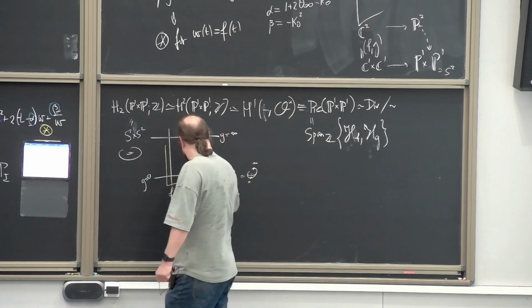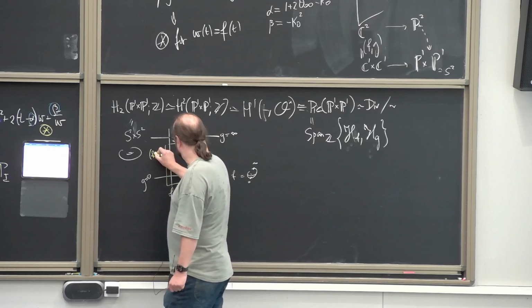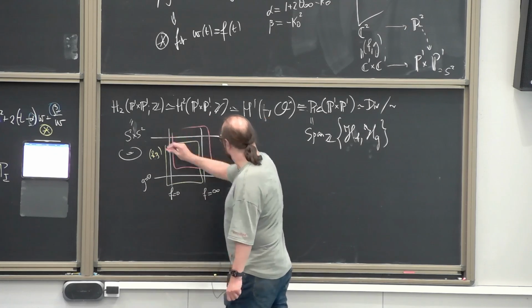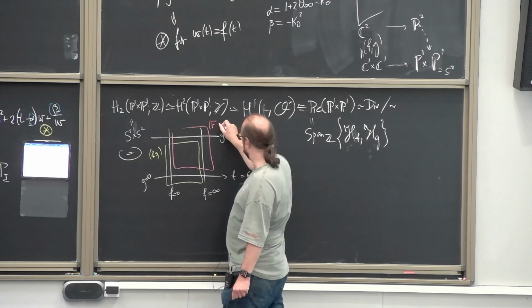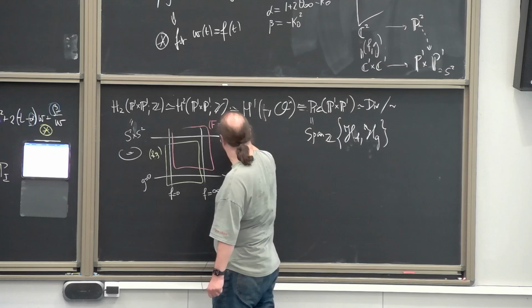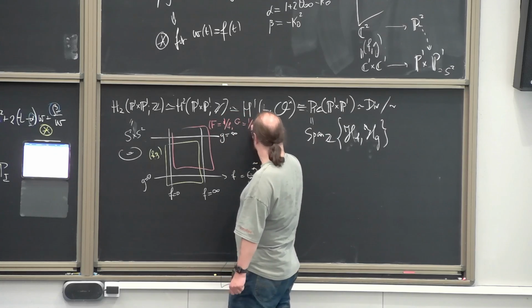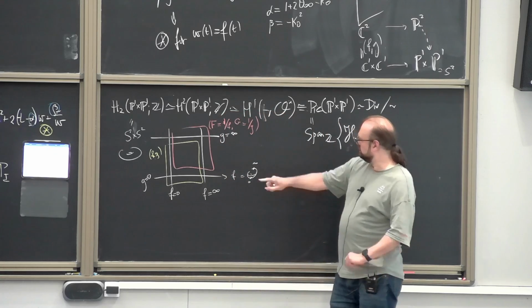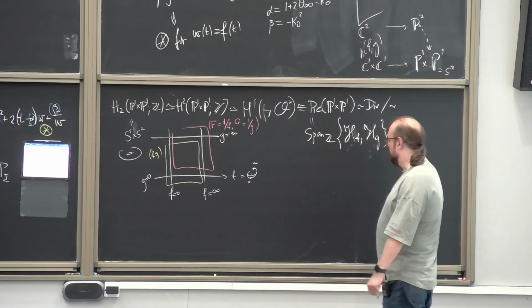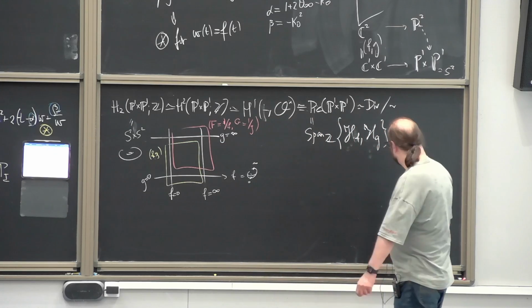For example, here is your little f, little g chart. And for example, over here, there is what I will introduce as a big F, which is 1 over little f, and big G, which is 1 over little g. Okay, and then there are two more charts, one centered here and one centered here. So we have these four charts.